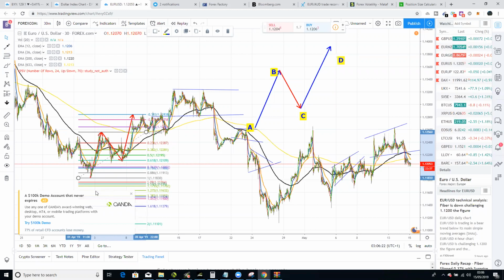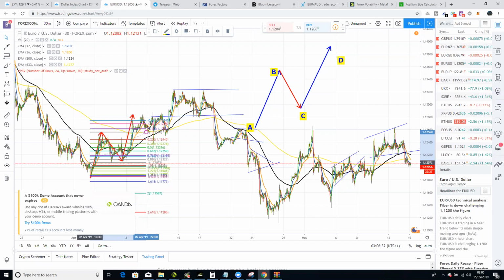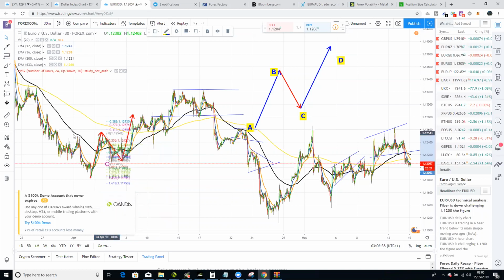All right, so what we then want to do is measure what the B to C leg is. So I'm going to shift my Fibonacci to this move right here. Okay, and then I want it at the top over here.